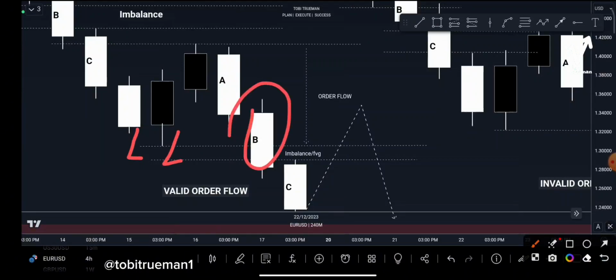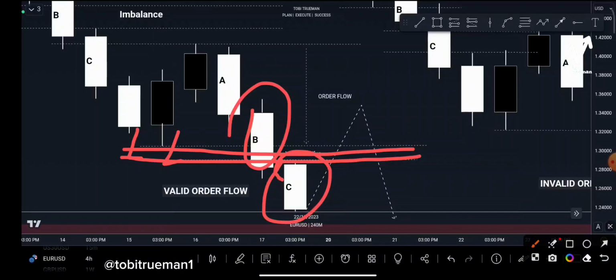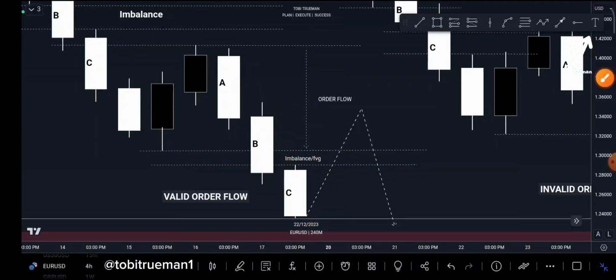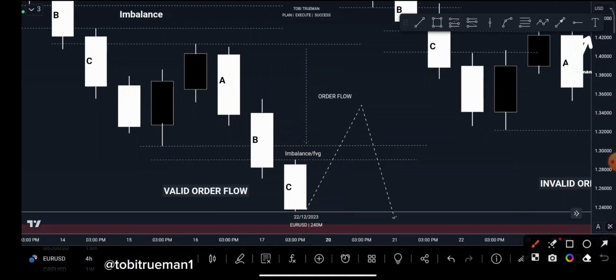Then price forms below it, this is the C candle. When the C candle formed, there is an imbalance that was created, so we can now anticipate price to come back into this order flow to make a move, which is a retracing, a corrective move, and then price can continue to go downward.